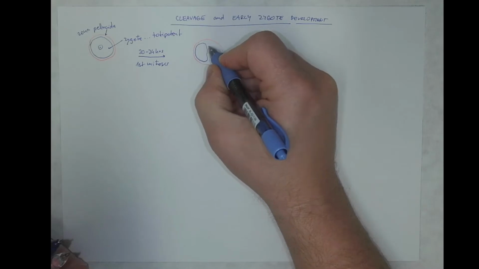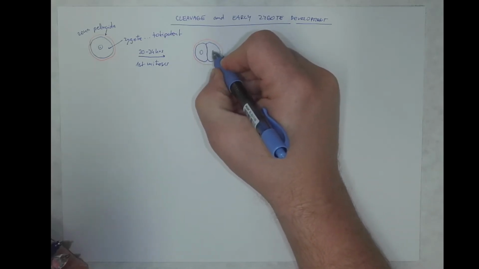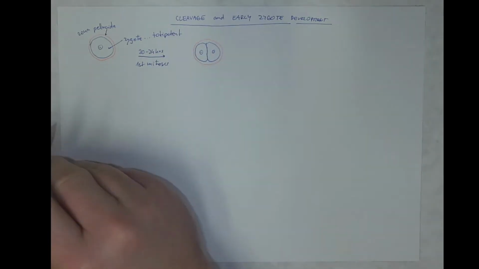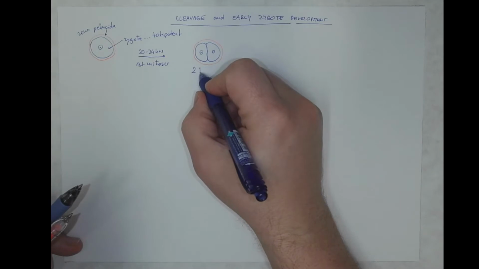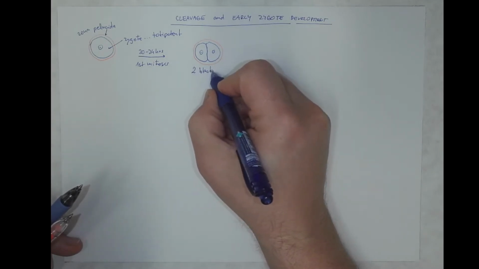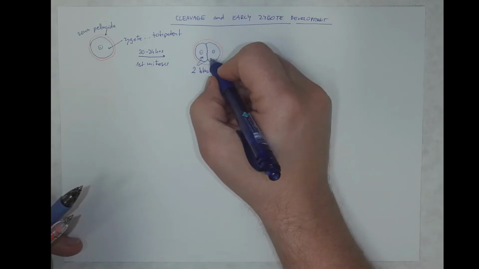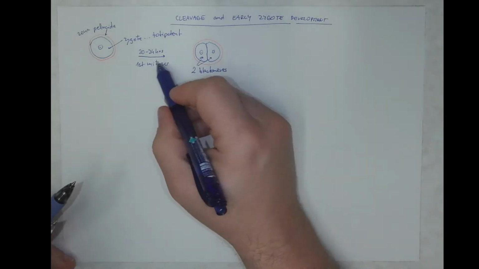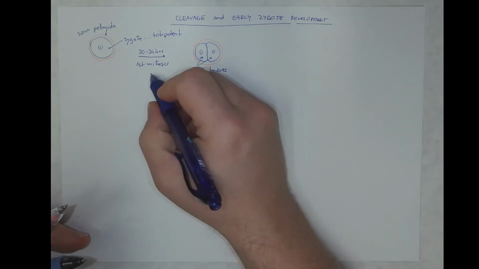And these two cells are called blastomeres. So after approximately 1 day, we get a stage of 2 blastomeres. This process of the mitotic division is also called cleavage.